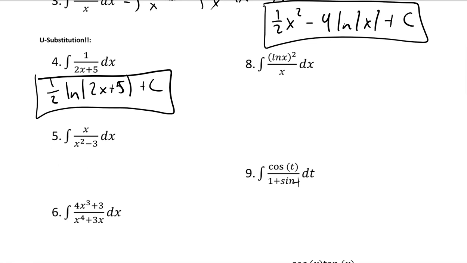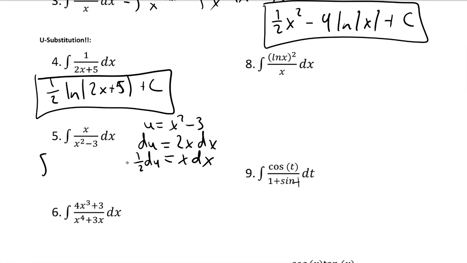Okay, question number 5. If I did use substitution here, I would probably call this my u, because then my du would be 2x dx, which is almost x dx. So x dx is what I want. Divide the right side by 2, so divide the left side by 2. And then over here, this could be rewritten as 1/2 times 1 over u du. So that would be 1/2 natural log of the absolute value of u plus c.